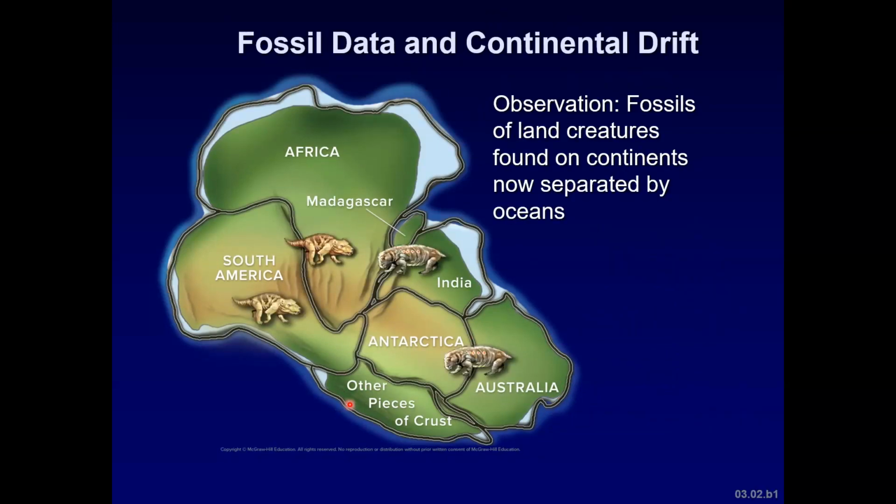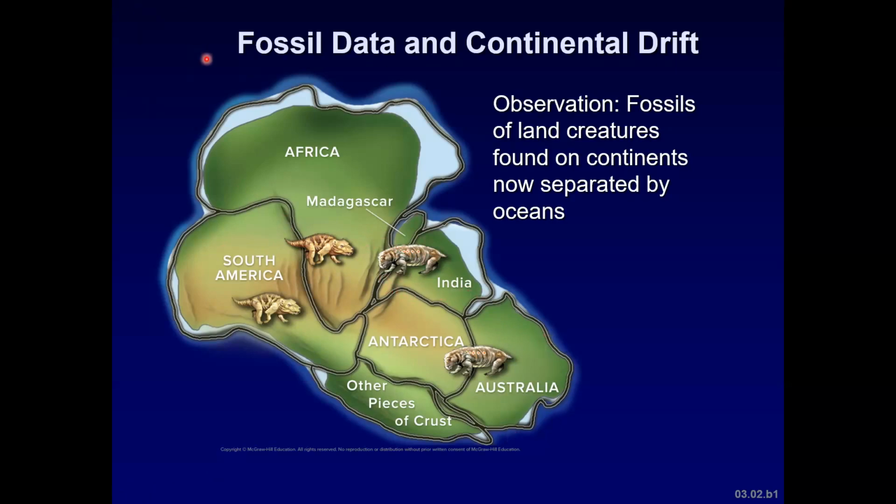Well, with that, there's the fossil record, okay? And scientists have found fossils of land creatures found on continents. Those continents are now separated by oceans, okay? So you found this guy here and here, this guy here and here, but now these continents are very far apart.